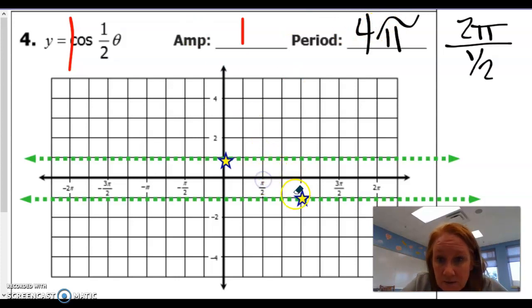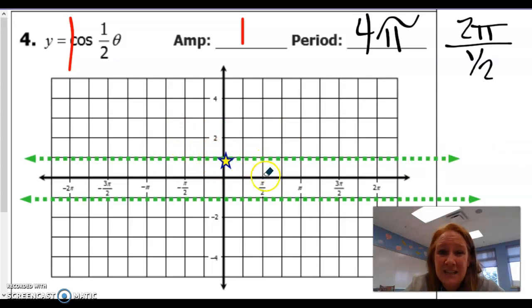Wait. So I got to get rid of those because on the mother function, it would get back to the top at 2 pi, but now that's not going to happen. It's not going to get back there until 4 pi, which is way out here.